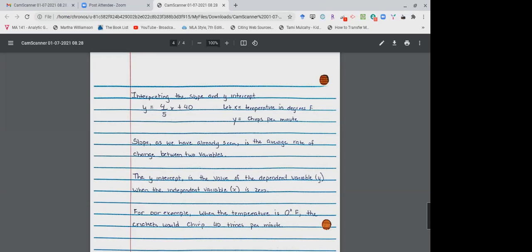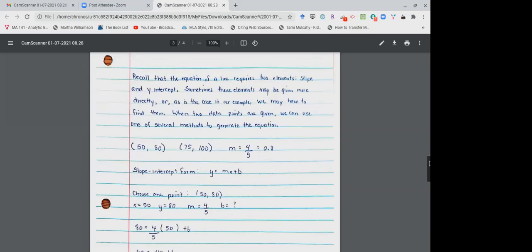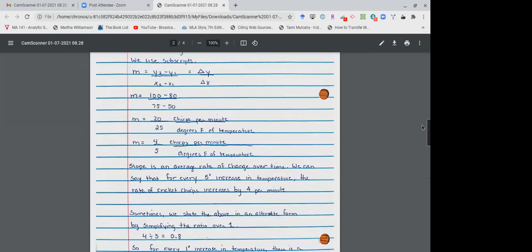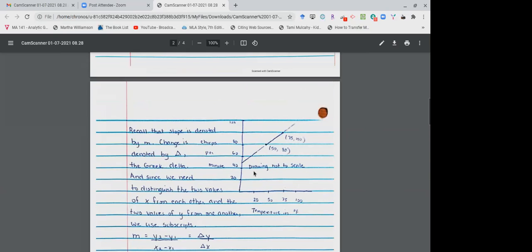So for our example, when the temperature is 0 degrees, the crickets would chirp at 40 times a minute. And as you can see from the graph, this is why I said the graph was not to scale, but this point where it looks like it's about 50 should be where 40 is. It's just that my hash marks are not exact. But this should be 0 and 40, not 0 and 50, okay?